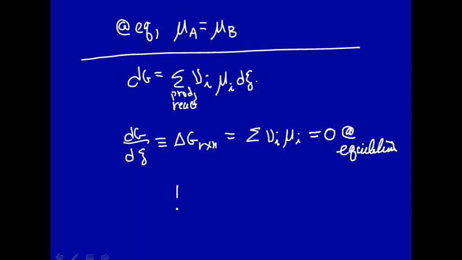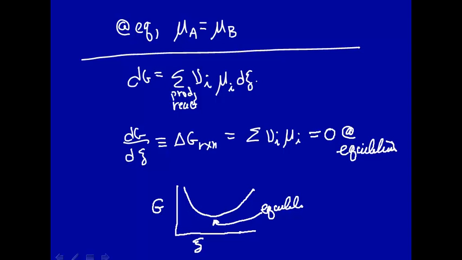In other words, if we look at G, and now we actually know what we're talking about when we put down here extent of reaction. We have something like this, reaches a minimum and goes up this way. So right there is at equilibrium. And how G changes with the extent of reaction is equal to 0 right there. The slope of this is 0 right there at the minimum.